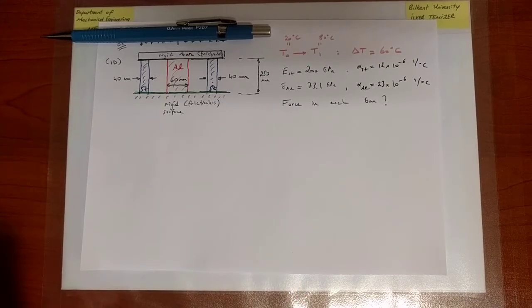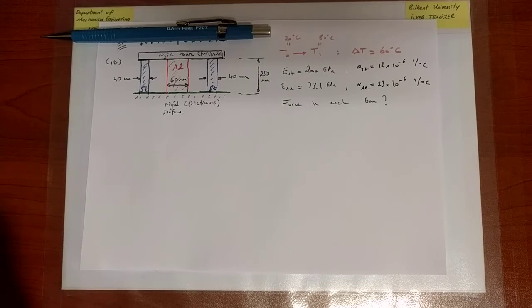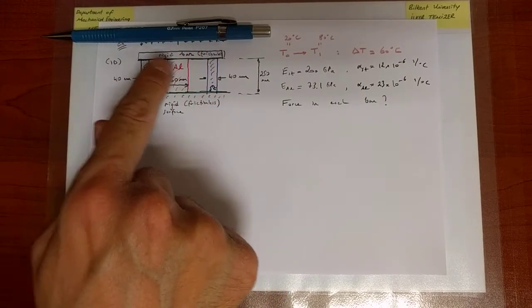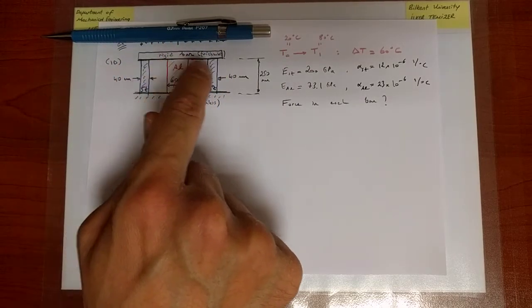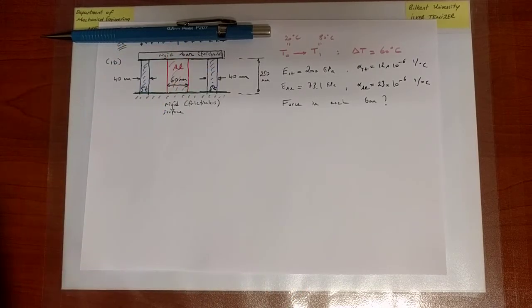Because the expansions are the same, the expansion of each one is not meeting any resistance, and therefore no force is generated. So if all were steel or aluminum, you can see eventually that first of all, due to equilibrium, the sum of the forces in any case has to be equal to zero, no force on the rigid bar. But if the thermal expansion coefficients were the same, then the individual forces in the cylinders would also be zero.